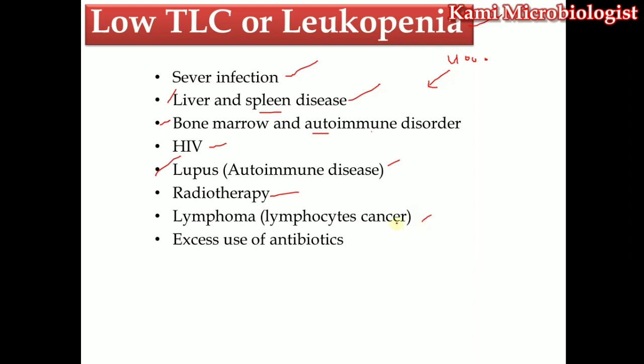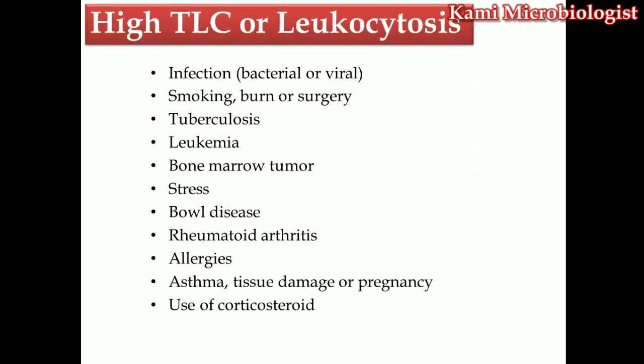It is due to the increase of the lymphocytes and the decrease of the other white blood cells like neutrophils. Then we have excess use of antibiotics. Obviously when we use more and more antibiotics, it will also affect the white blood cell. That's why white blood cells decrease and it can cause leukopenia.